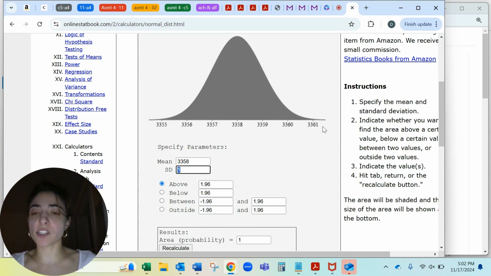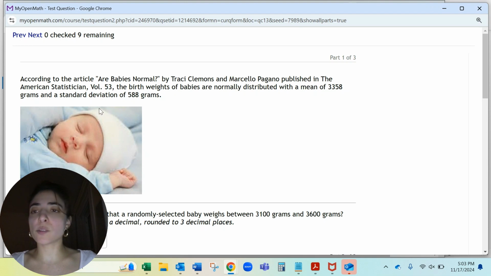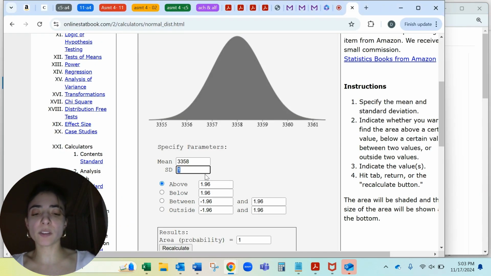Notice the calculator changes. And then, entering a standard deviation of 588 grams, now I have a sketch that describes the distribution of all of the possible baby weights in grams.